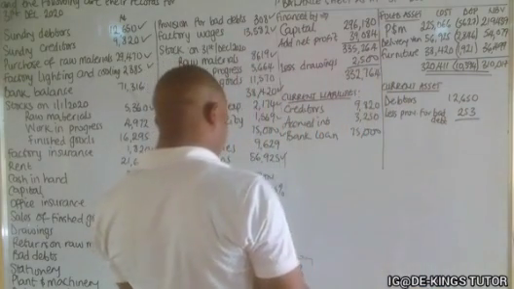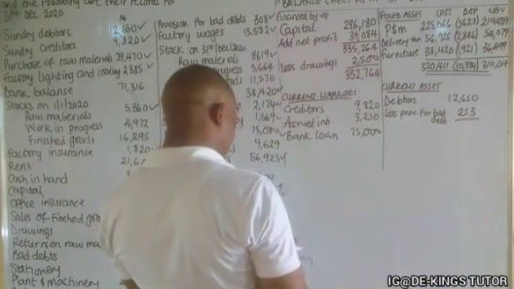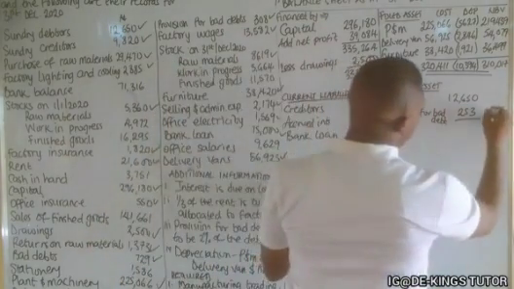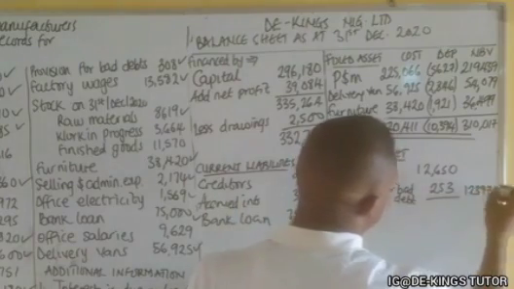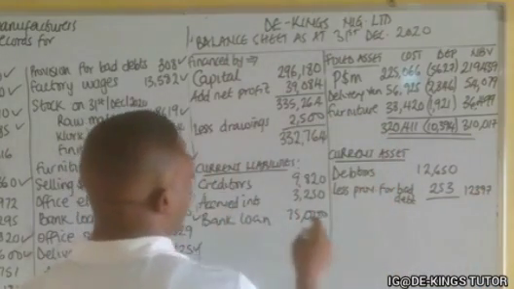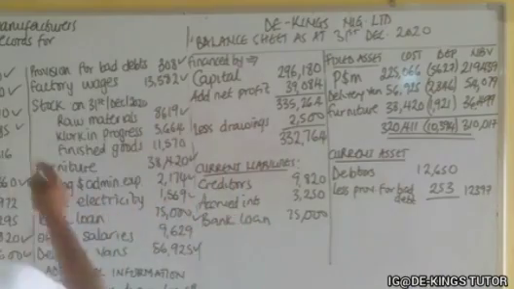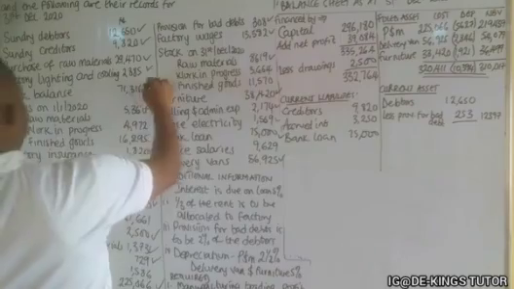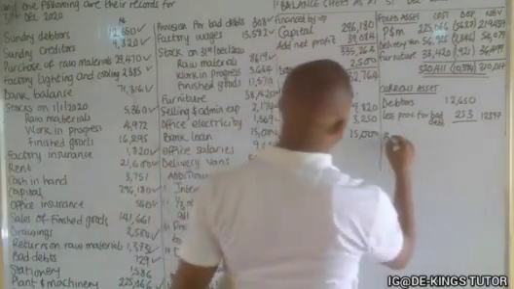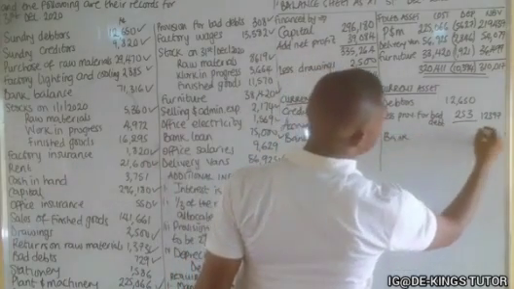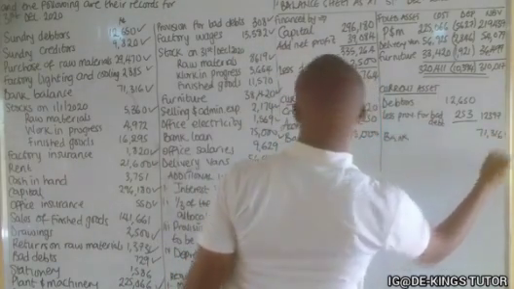So 12,650 minus 253 is 12,397. The next one we can get here is our bank balance, which is 71,316.